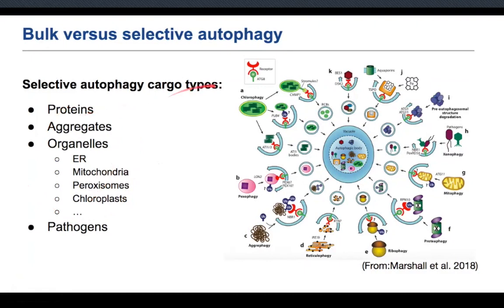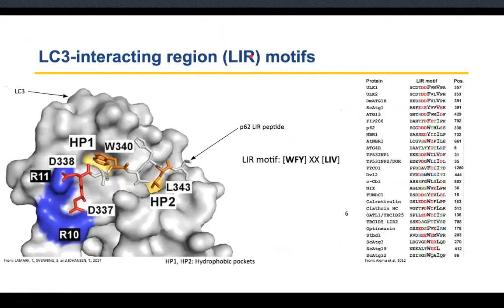Key to this selectivity are the membrane-anchored ATG8 molecules, which can provide docking sites to selective autophagy receptors that bring cargoes to autophagosomes. What is frequent among these interactions is that cargo receptors carry a short peptide with two conserved aromatic and hydrophobic residues regularly spaced in the sequence.